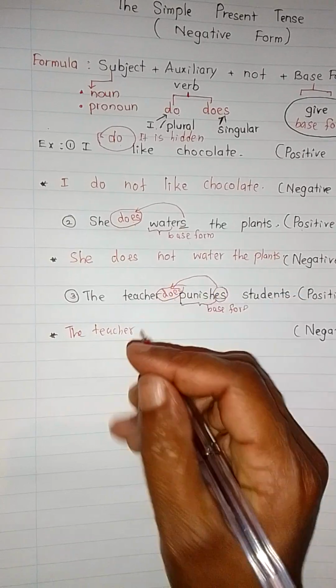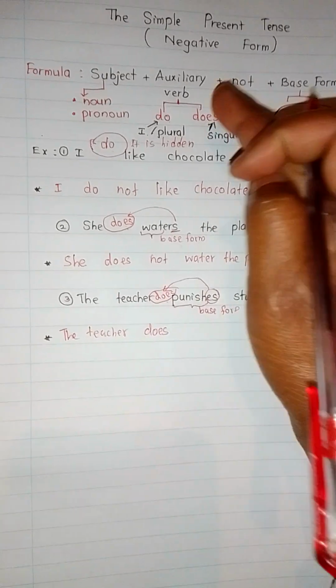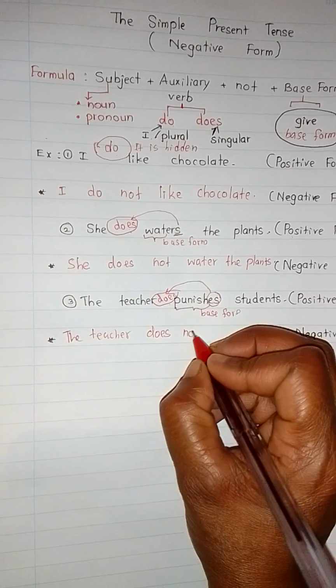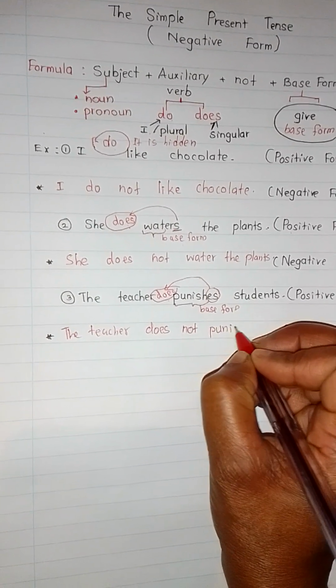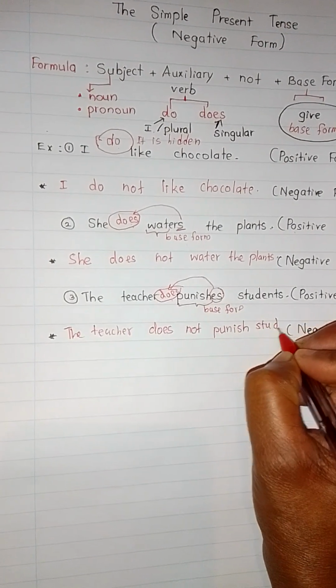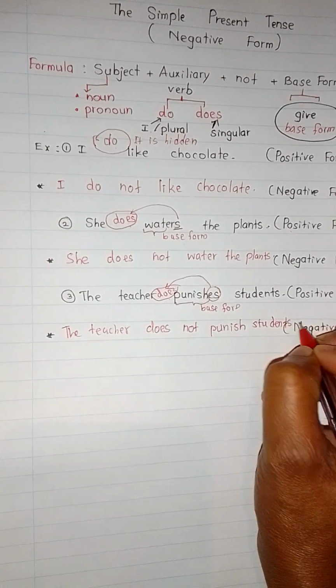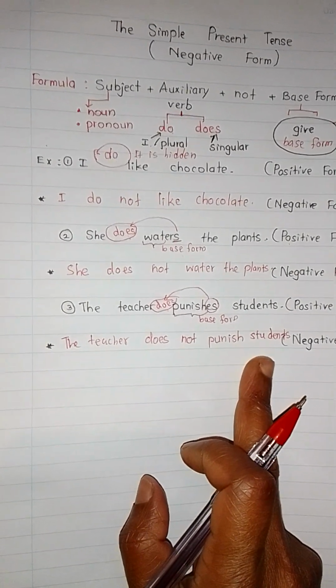Auxiliary verb is does. We have found it already. Then the negative form not and the base form of the verb is punish and the object is students. The teacher does not punish students.